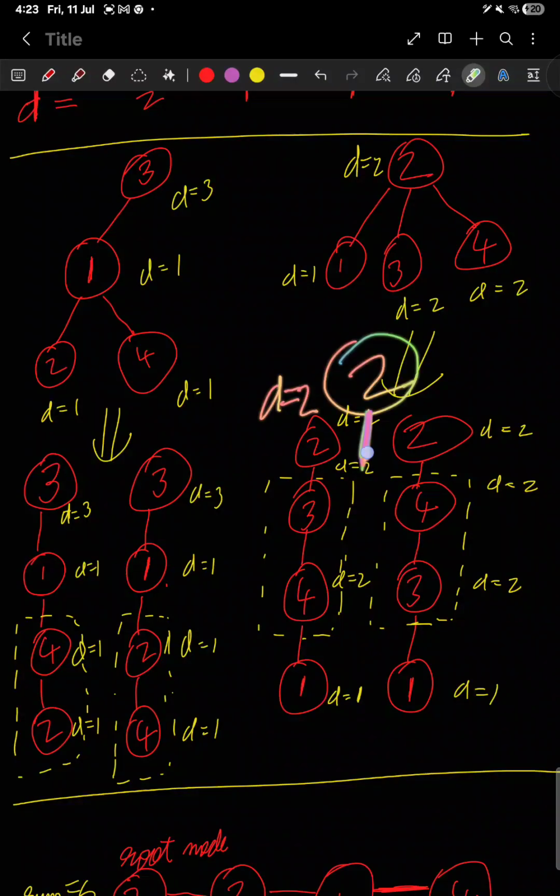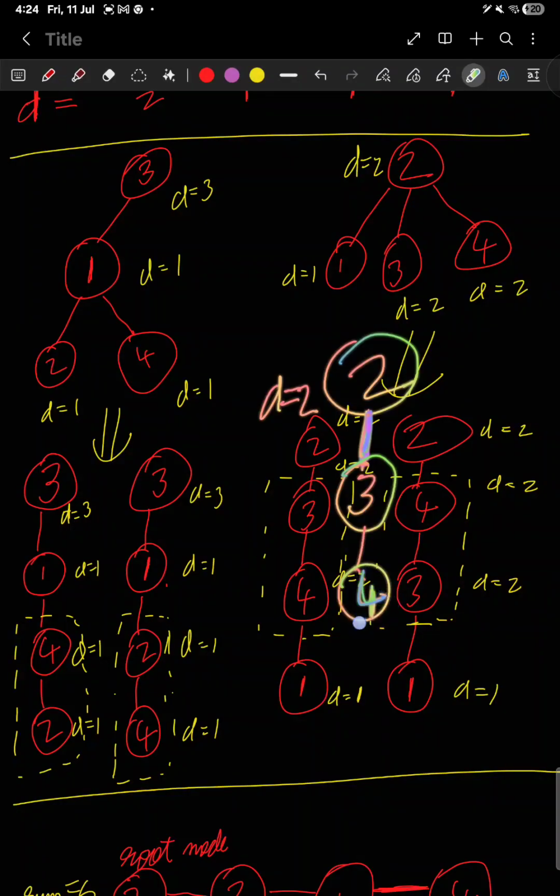So at node 1, the divineness would change. Before 1, we have to place all the numbers whose divineness we want to be 2. Those are 3 and 4.